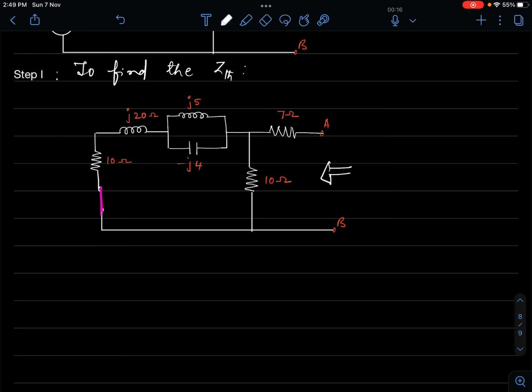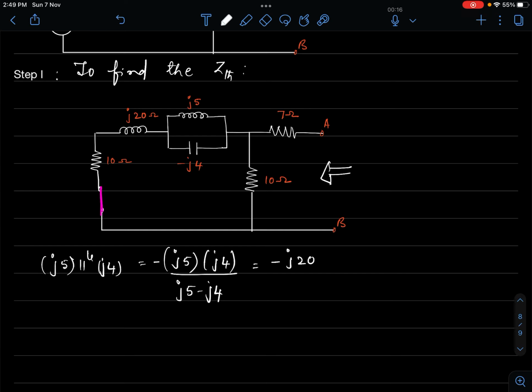Okay, this J5 and J4 in parallel, what is that equal to? J5 parallel J4, what will this impedance be equal to? It is the product divided by the sum. So this is J5 into minus J4 divided by J5 minus J4.